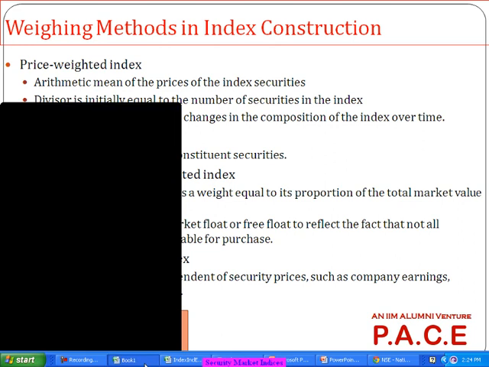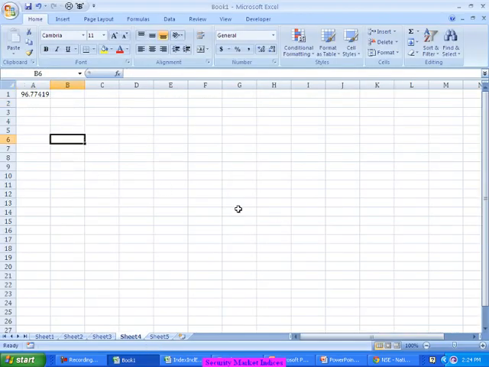I'll put up a straightforward calculation. Let's say I want to include three companies A, B, C in the index. Out of these three companies, let's say A is trading at 100 rupees a share, B is at 10 rupees a share, C is at 1 rupee a share.